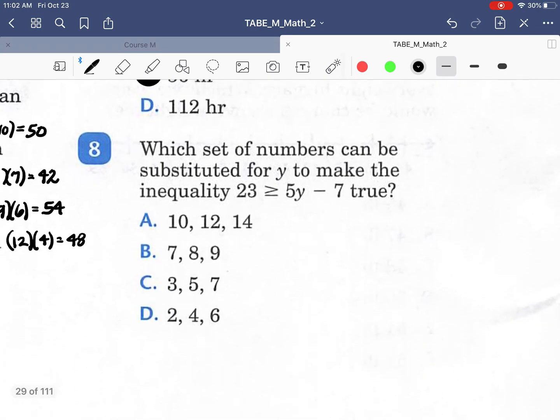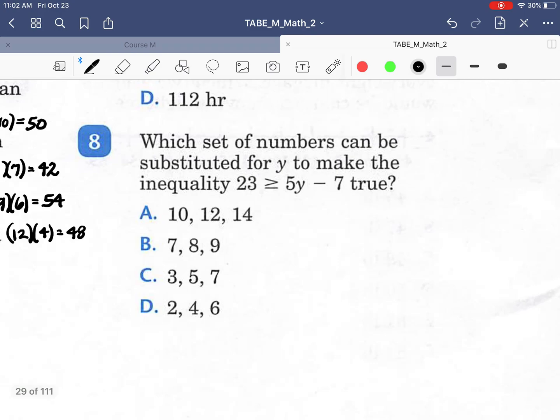Number 8. Which set of numbers can be substituted for y to make the inequality true? Well, I'm just going to solve the inequality and then I won't have to substitute all of those numbers.